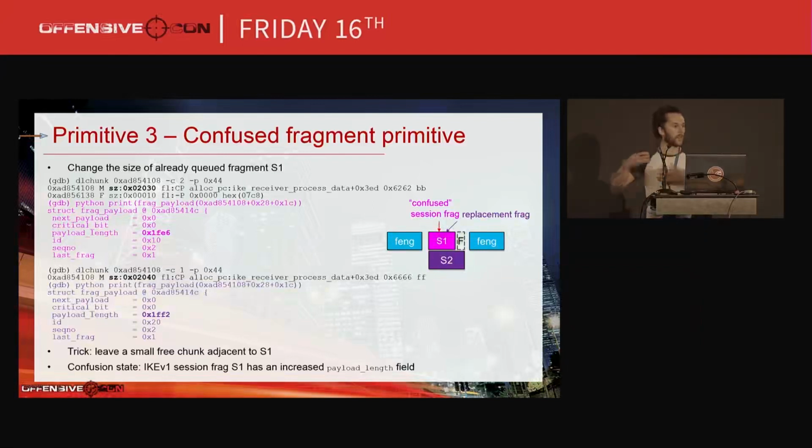Because of the alignment, we just overrode the memory with a different length, and in memory it thinks the payload length is different. So the trick here is to leave a small free chunk after S1, and we get our confused payload length. This is our third primitive, confused fragment length, that we get from the repeatable free primitive from the previous one.